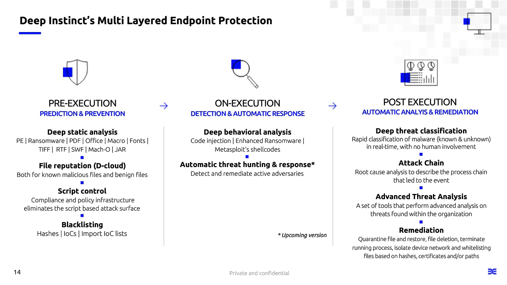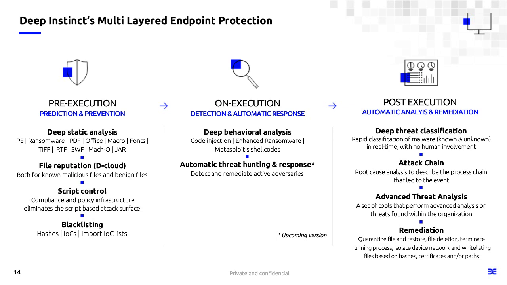This includes behaviors that are highly suspicious, such as code injection, enhanced ransomware protection, which monitors specific activities which are highly indicative of ransomware, and also protection from shellcodes. This provides a protection on execution, meaning if the malware managed to execute, then it will still be prevented very, very quickly before it can perform malicious actions. In a future version of the product, we will also add automatic threat hunting and response capabilities.